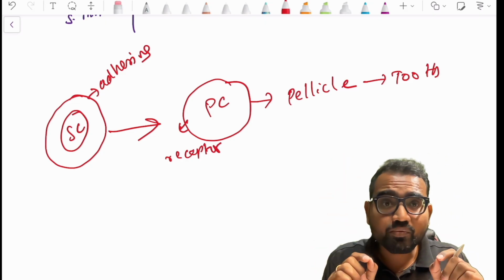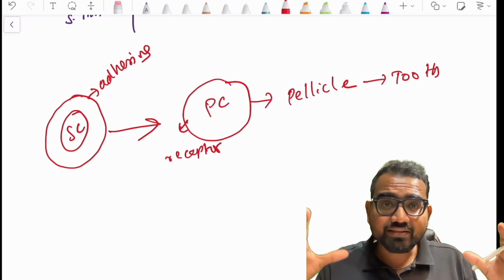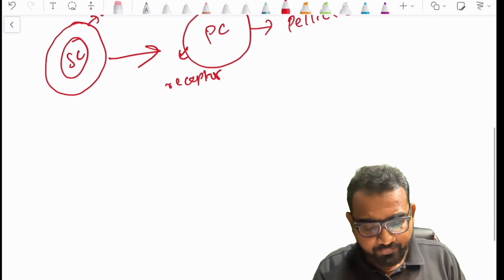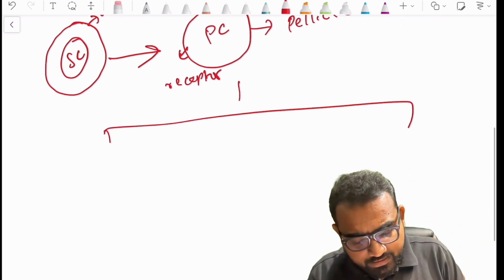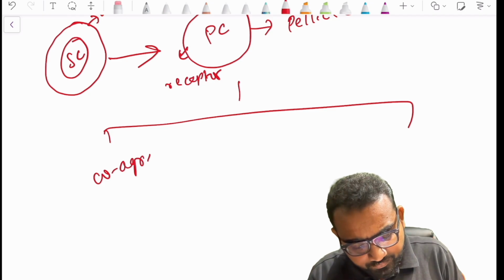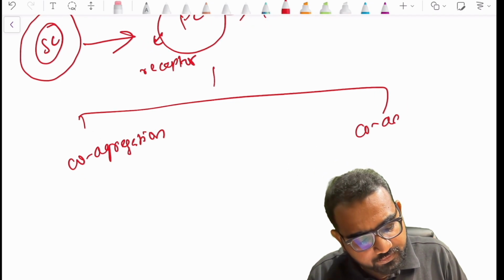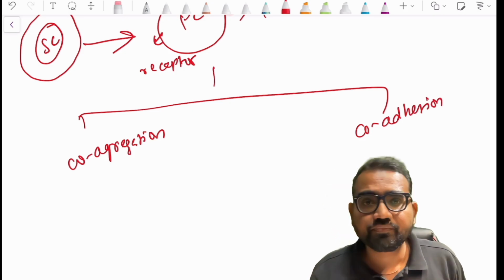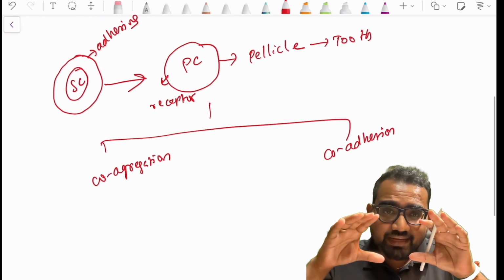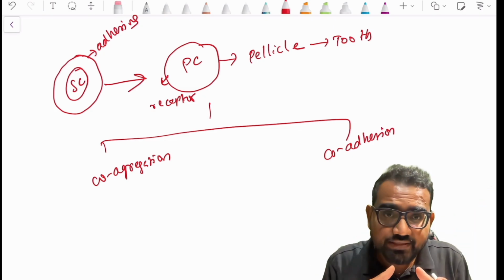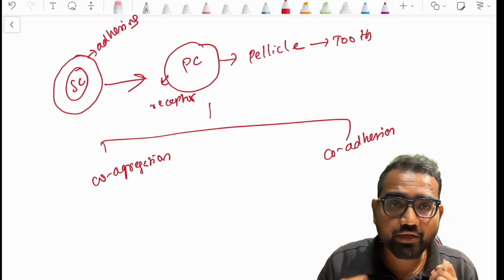Now it's very important; I'm going to use two terminologies: co-aggregation and co-adhesion. The secondary colonizers, with the help of adhesins, bind to the primary colonizers.